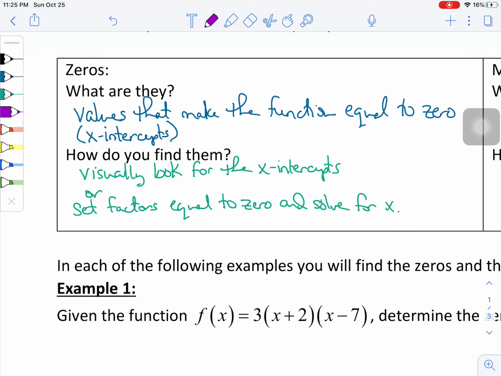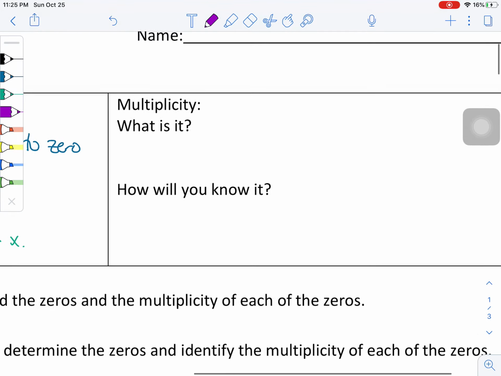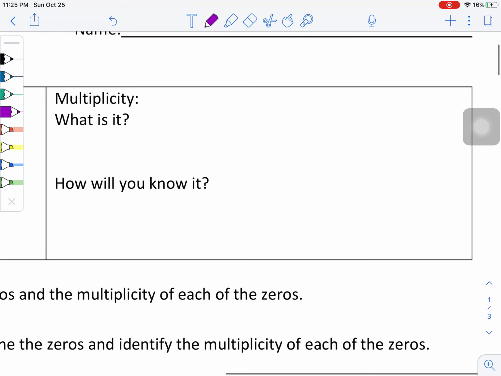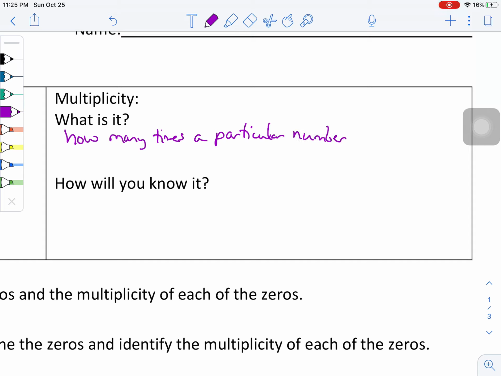Let's talk about multiplicity. Multiplicity is a word, again, I'm guessing you probably never heard of before, but multiplicity is how many times a particular number is a zero for a given function.